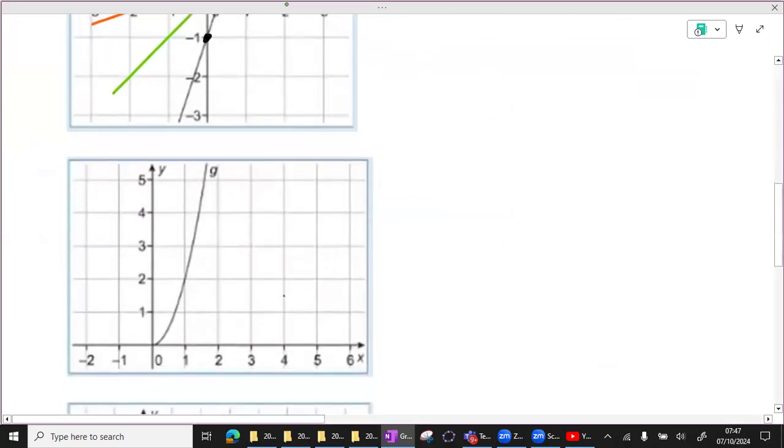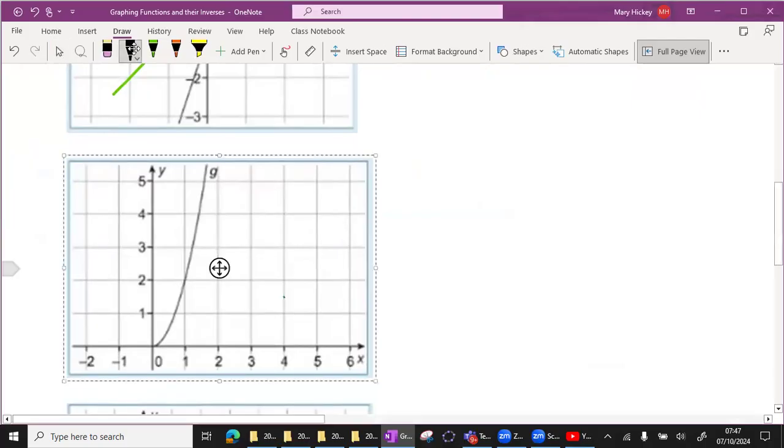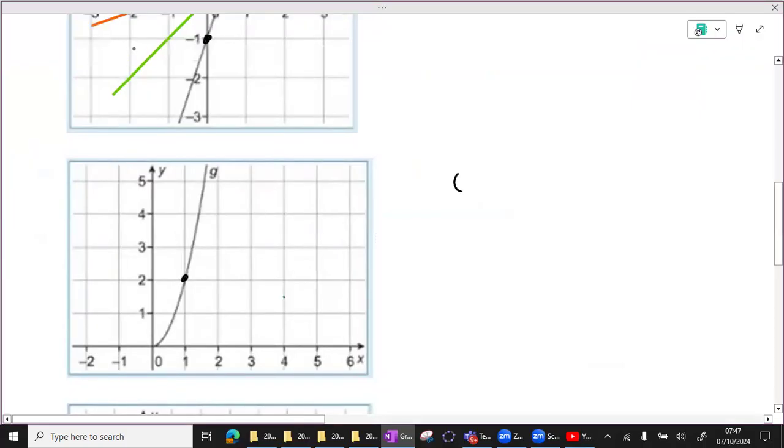So let's do that again. Pick any points that you can see on the graph. So for example, 1, 2. And for example, it's a little bit harder with this one, I guess, but let's see, we could pick even something like 1.5, 4.5.